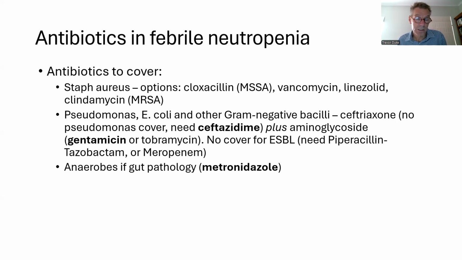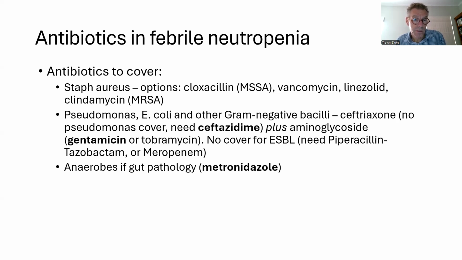One is linezolid, which is a drug we keep usually for drug-resistant TB, but it's also a very good MRSA drug. And clindamycin, which is another drug that's highly effective against most MRSA Staph aureus, but not all.